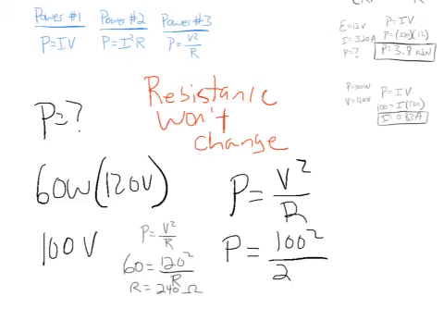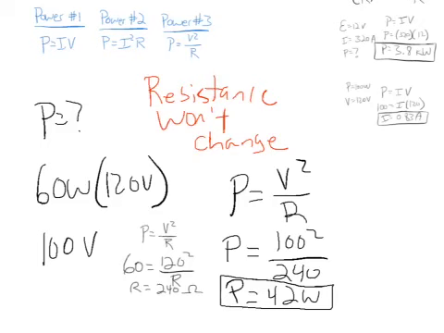So we put in that resistance we just figured, and we end up with power of 42 watts. Okay, which makes sense. We're running at a less potential difference, so we should have less power coming out of our 60-watt bulb.